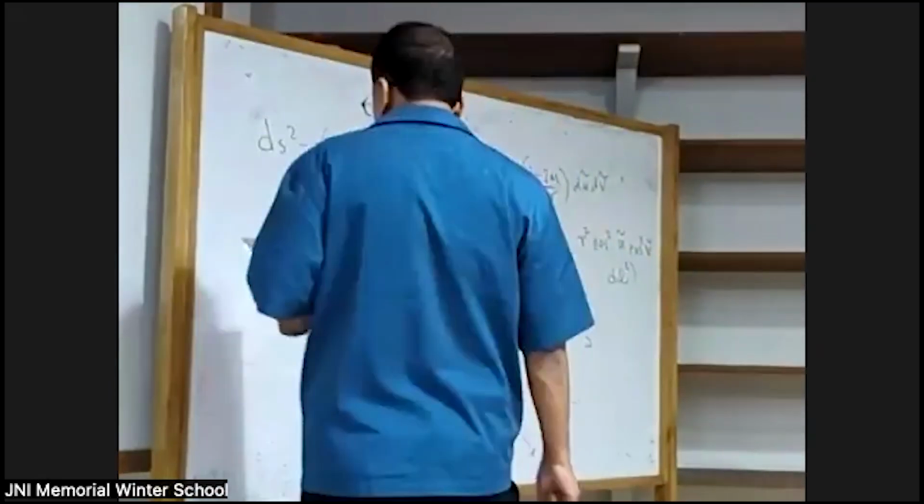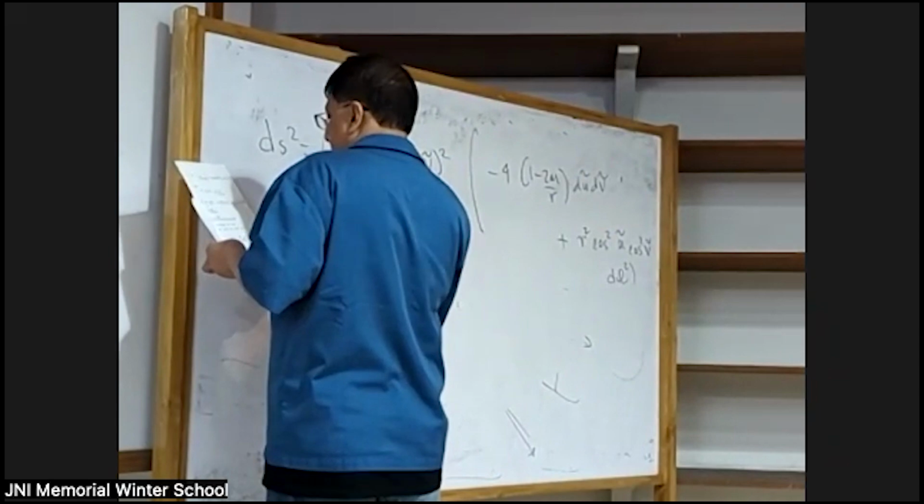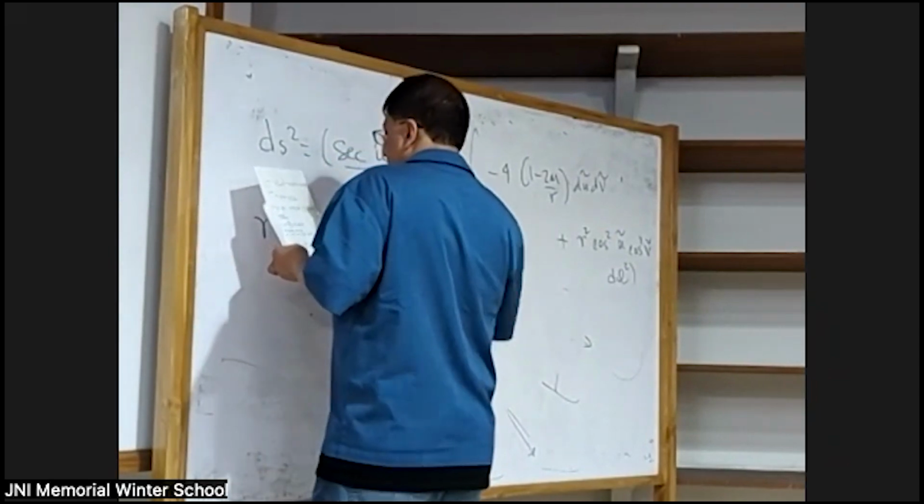Then I'm going to use r star is equal to 1/2 (v minus u).